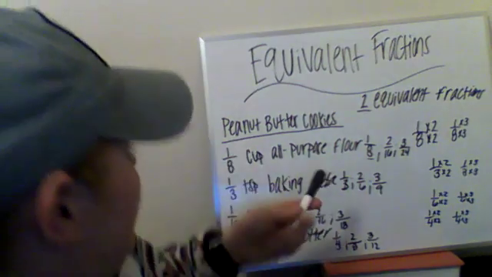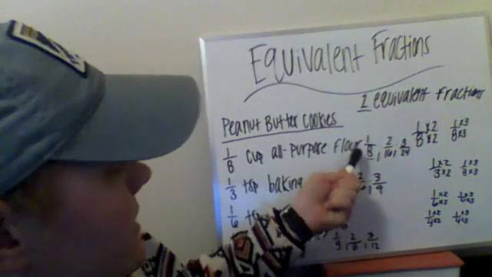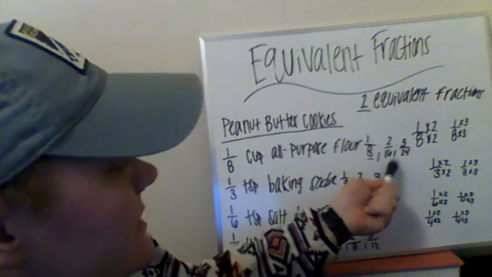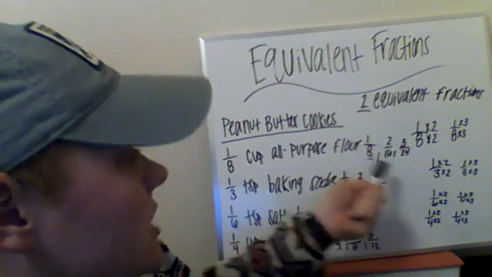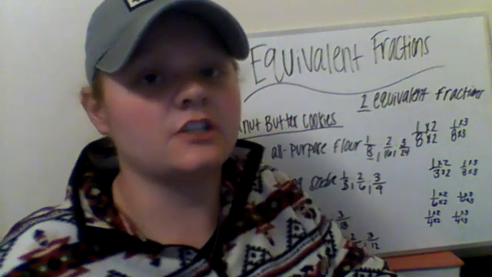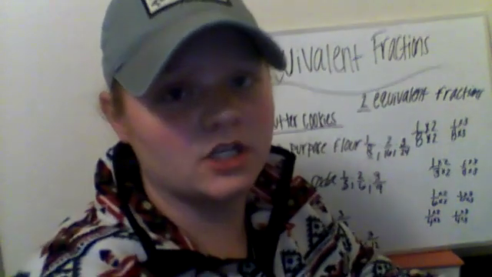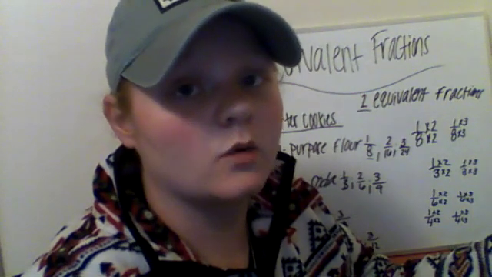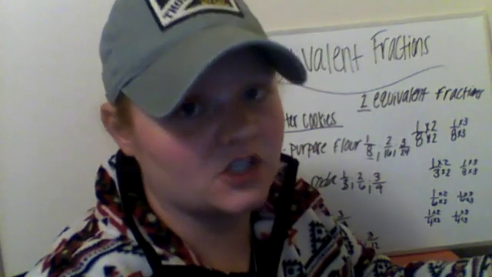So in this example, 1/8 is equal to 2/16, because if you take 2/16 and you simplify it, you'll get 1/8. Okay, that's all an equivalent fraction is. It's you starting with your base fraction, and with your equivalent fraction, if you were to simplify that equivalent fraction, you would get your base fraction.